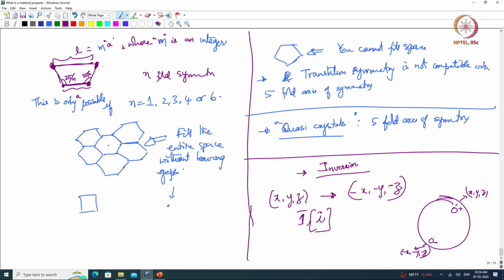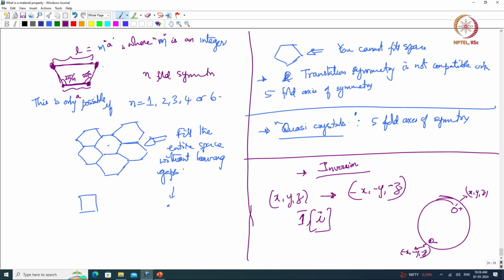So, now my object is not a single point. So, I am not taking a single point x y z and putting it at minus x minus y minus z, but it is a set of points, set of x y z's become set of minus x minus y minus z's. So, if my set of x y z's are right hand, they will become my left hand, right, about the center of inversion. Okay. So, I am going to represent chirality now as, if this is right handed, I am not going to show anything, but if this is left handed, I am going to put a comma inside, right.